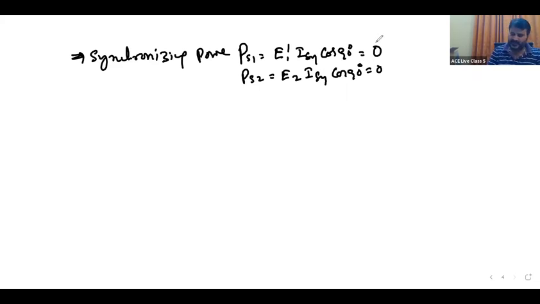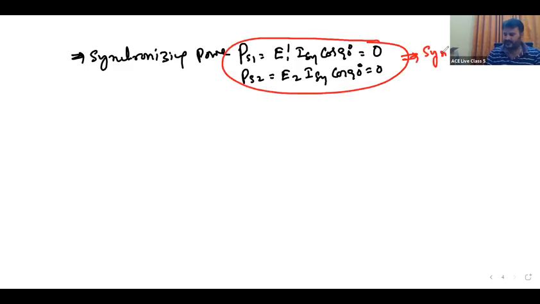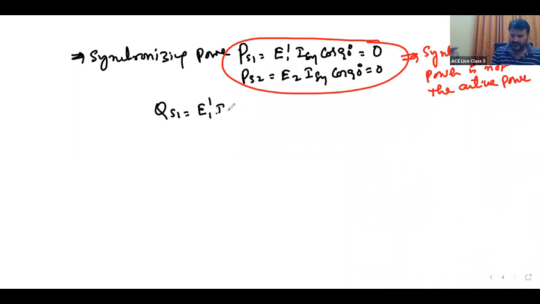I mean to say synchronizing power is not the active power. But it will be reactive power. Synchronizing power QS1 is equal to E1 dash and ISY sin 90, that is E1 dash and ISY.